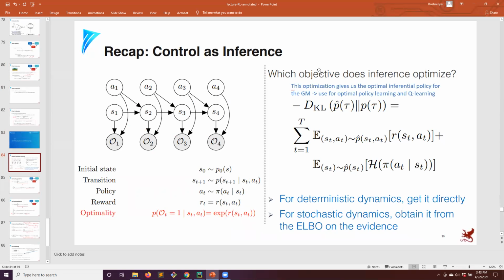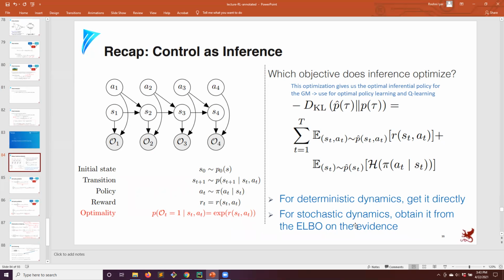Now there's one more interesting thing you may think, which is we saw before that we computed the KL divergence of this P hat of tau and this P of tau. One is an arbitrary policy and one is the optimal policy, and we want to try to minimize this divergence.